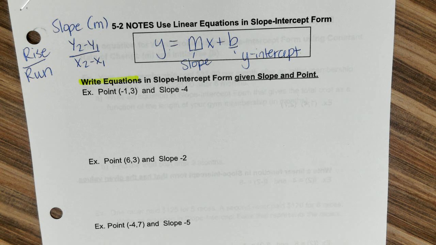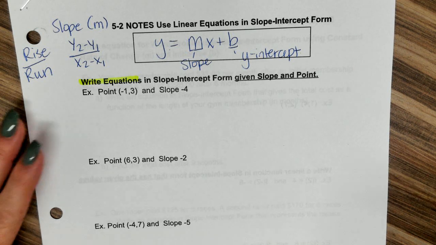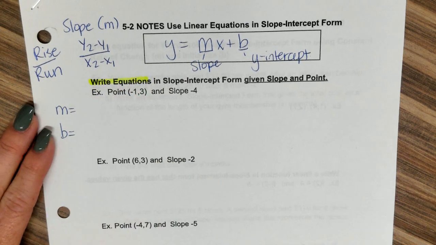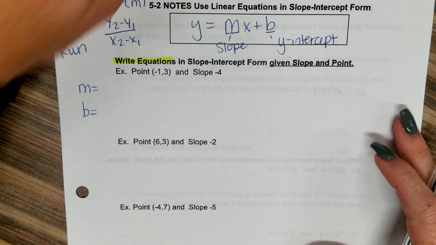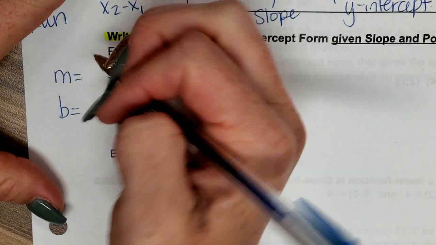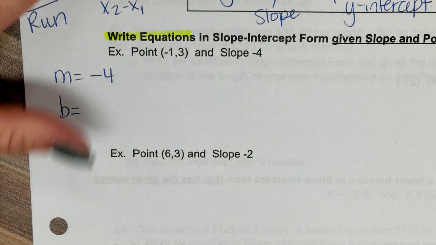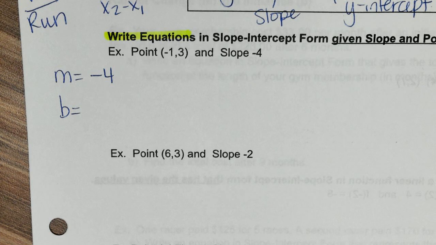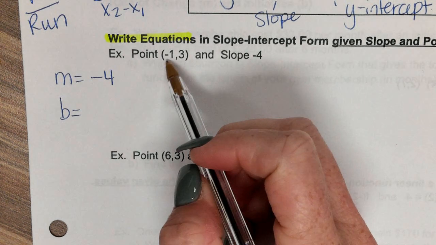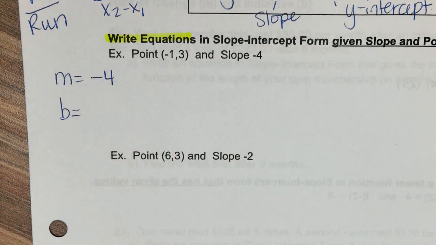So anytime I ask you to write an equation, you need an m and a b. Did they give you the m? Did they give you the b? No, because the only time they give you the b, it'll say when x is 0, what is y, right?